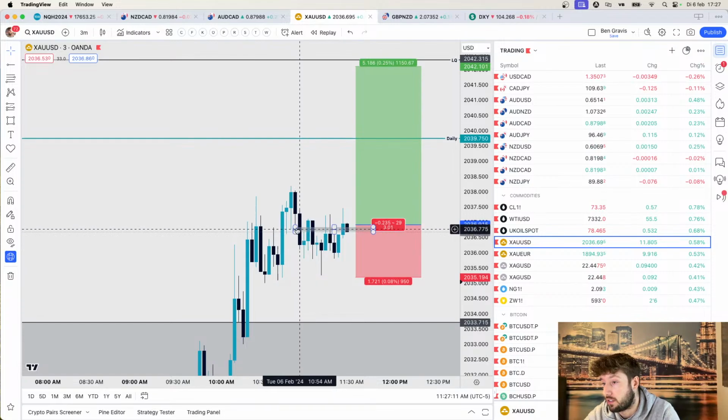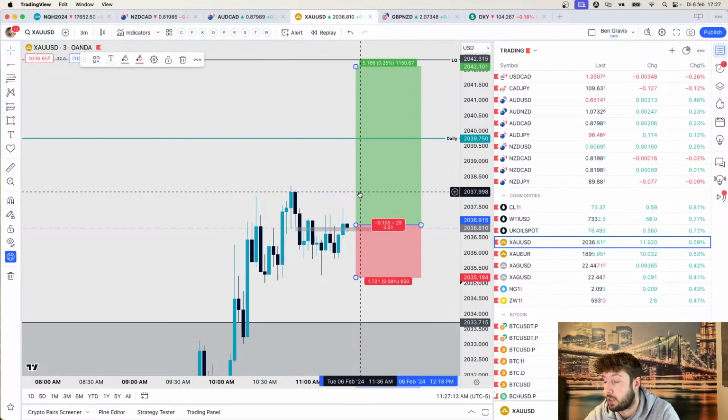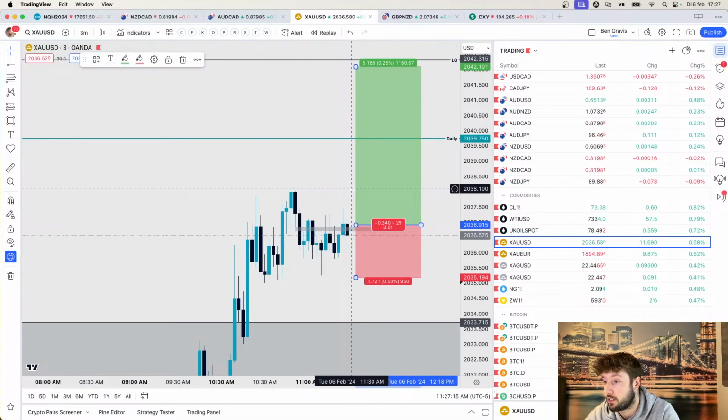It's just the gap is too small, but it could work out.